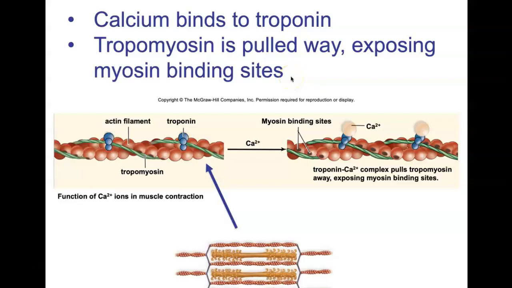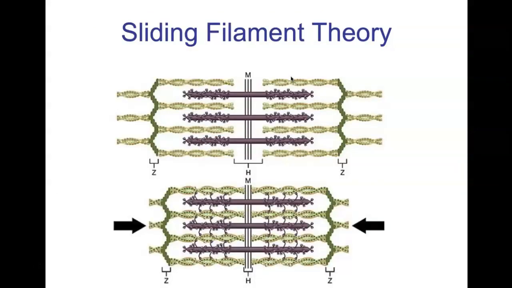Why do we need the binding sites exposed? We need them exposed because myosin, remember the cross bridge on myosin, needs to bind to actin. So when we say that we are covering the sliding filament theory, this is just the idea that the myosin cross bridge binds to actin and pulls the actin towards the middle of the sarcomere.